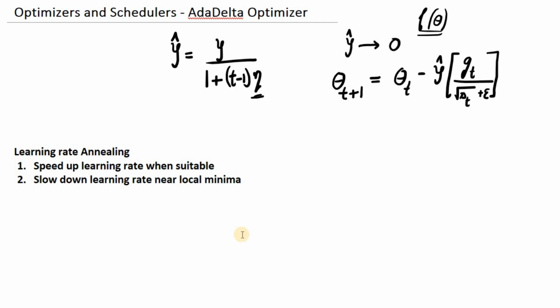The second way is we slow down the learning rate when we are near the local minima. The AdaDelta algorithm focuses on the second approach. How it does so will become clear when we understand the entire algorithm.